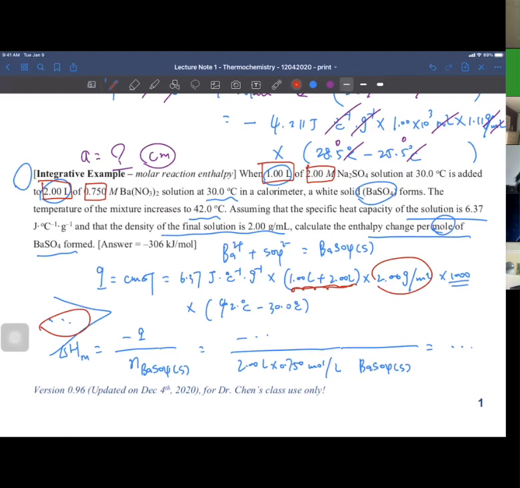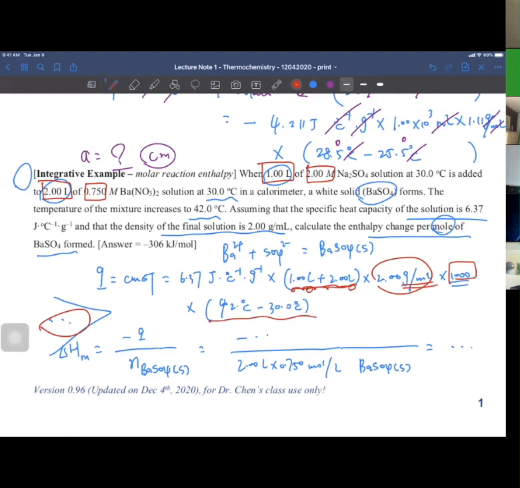So the reason why I multiply by 1000 is because of dimensional analysis, right? Later to be milliliter, because the density is always in gram per milliliter, but the volume is typically expressed in liter. So this is something you need to pay attention to.